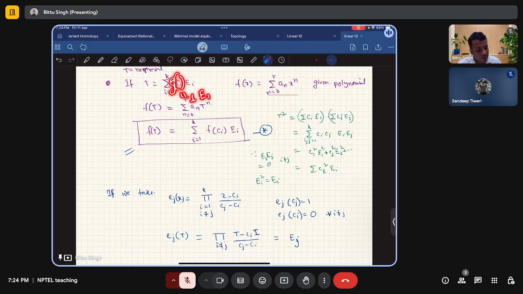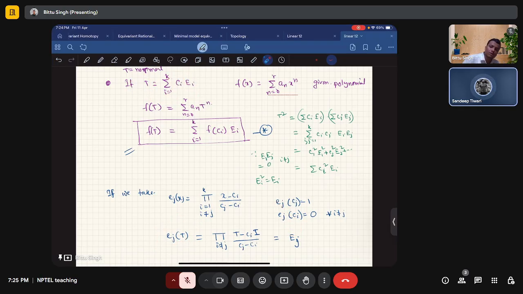So 1 times Ei will survive. That's why, when i is the same as j, since i varies, only Ej will survive. That's why Ej is the same as Ej applied on T. Is it clear?